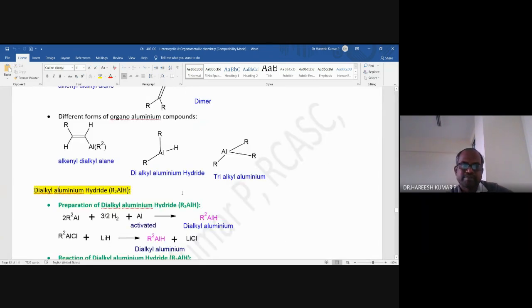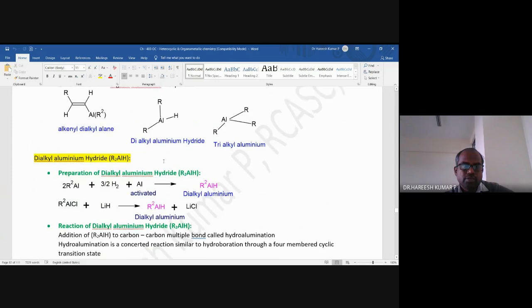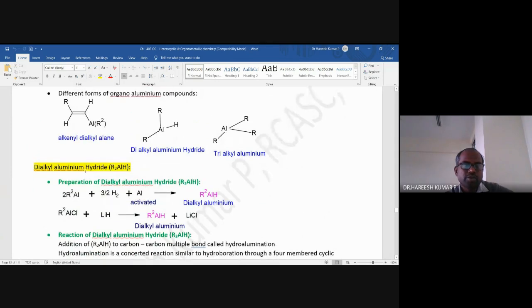Here I am taking a particular kind of organoaluminum compound, dialkyl aluminum hydride, which is generally represented as R2AlH. How can one prepare this R2AlH? So, preparation of dialkyl aluminum hydride.